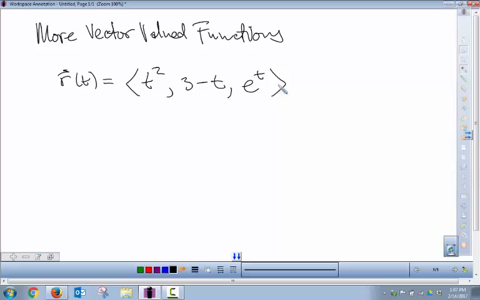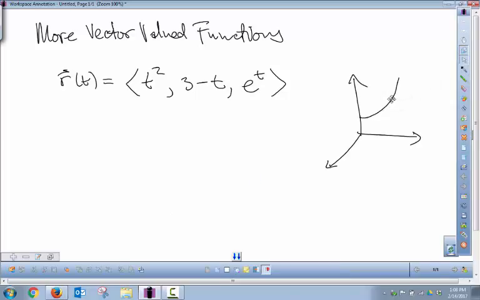So this is our vector valued function, and I don't know exactly what it's going to look like. We can pretend that we know how it looks and randomly graph something. I'm looking at maybe when t is equal to 0.